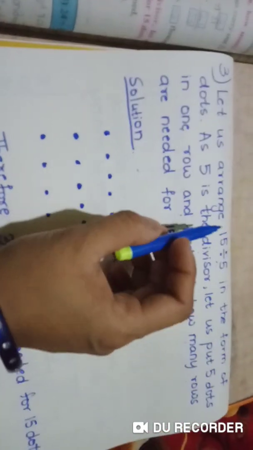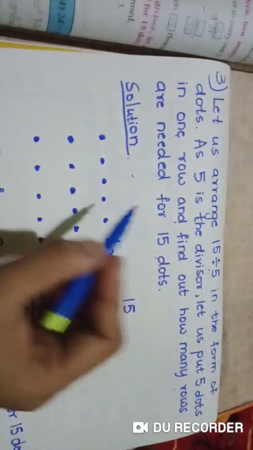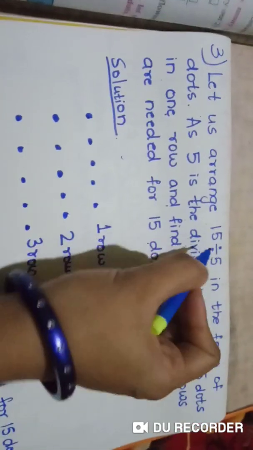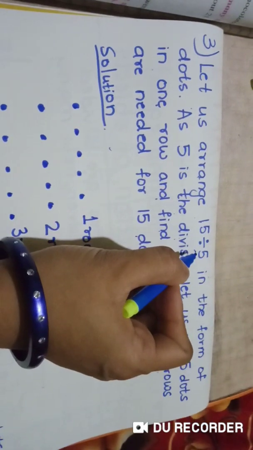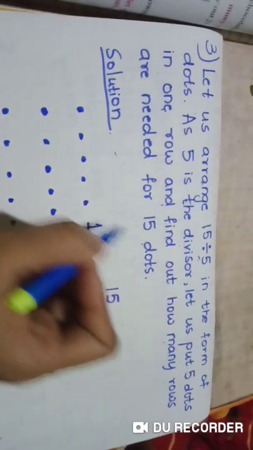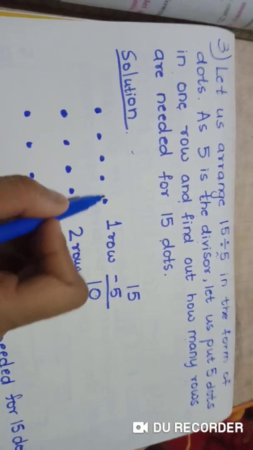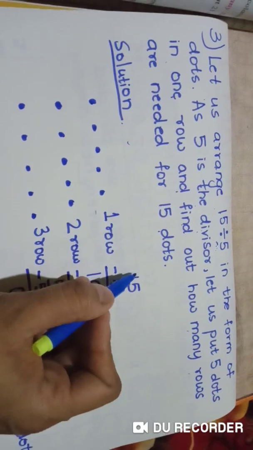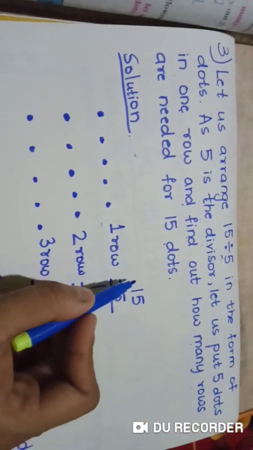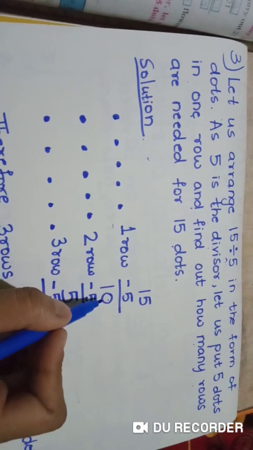They have told us here to arrange 15 divided by 5 in the form of dots. And whichever is the divisor here, that many dots we will put in one row. So, in the first row we have put 5 dots. This was our first row. What was the dividend here? 15. 15 minus 5, what we have got here is 10.